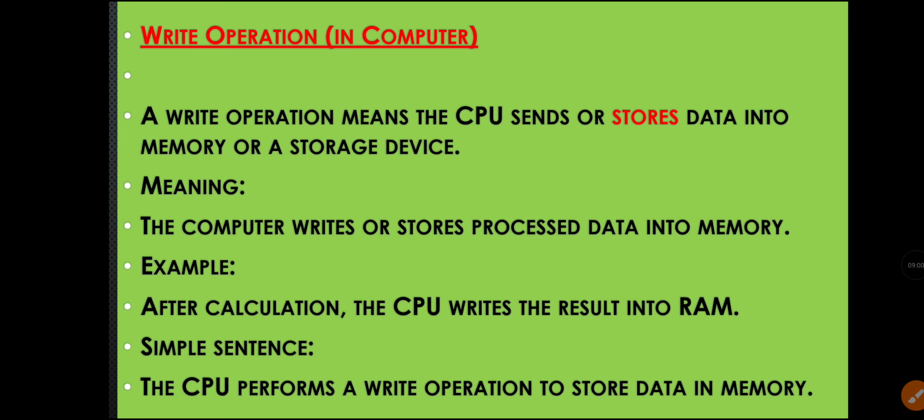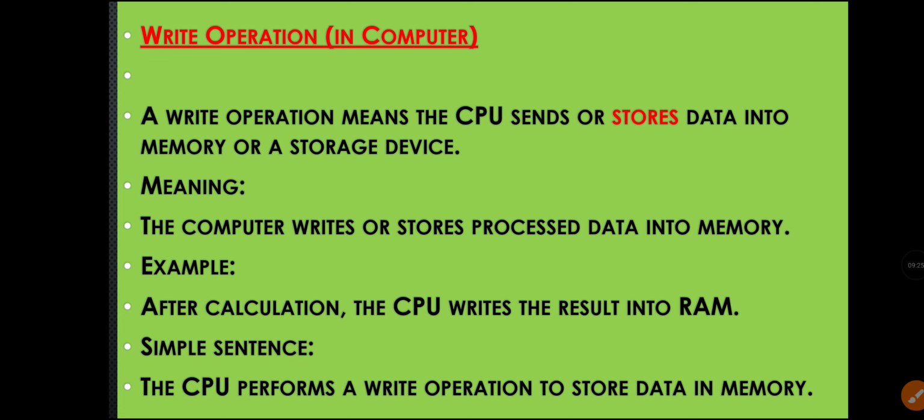That is, the computer writes or stores processed data into memory. For example, if we are doing any mathematical calculation in our computer, the central processing unit writes the result into RAM. That is, it stores the result into random access memory. So, simply, we can say the central processing unit performs a write operation to store data.